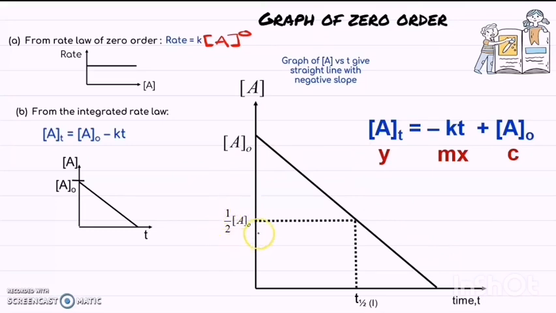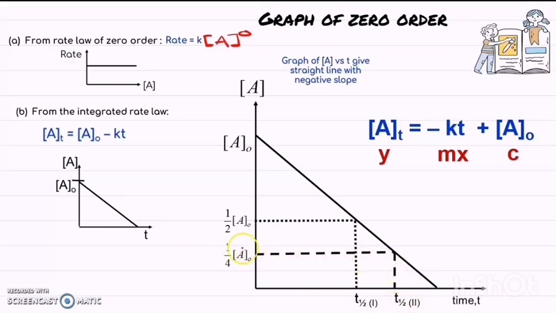Alright, this is our half-life, T half first, or first half-life, where at T half, the concentration of reactant will become half of the initial concentration. That's why here I put 1/2 times A naught to show that at this T half, the concentration has become half of the initial concentration. So we will get our first T half from the graph, and we can also get our second T half.